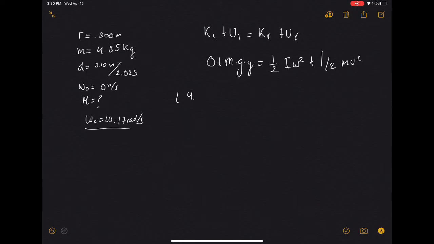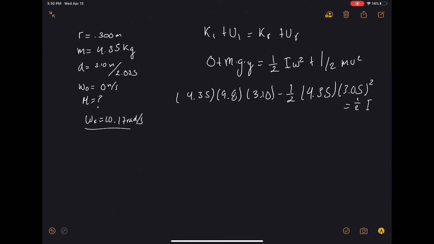So it should look like this: 4.35 times 9.8 times 3.10 minus 1/2 times 4.35 times 3.05 squared, and that equals 1/2 I w squared.